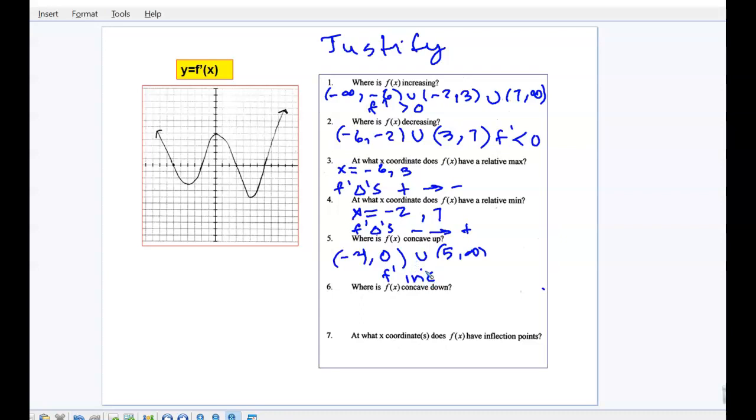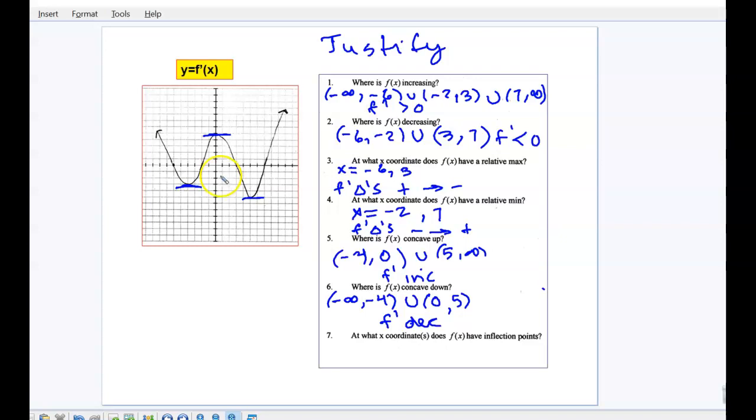Okay, where is the function concave down? Well, it'd be concave down from negative infinity to -4, union with 0 to 5, and that's where f prime is decreasing. Now, inflection points are going to happen where the second derivative is 0, so any slopes of tangent lines that are 0, and there's a sign change on either side.